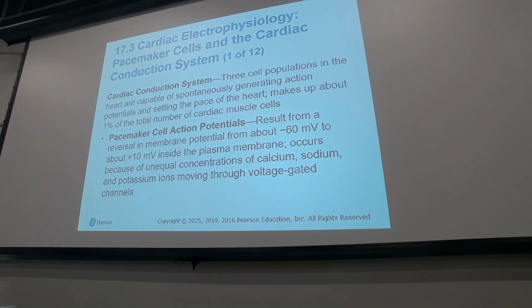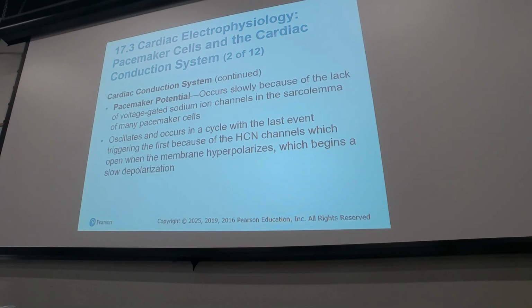This pacemaker has a resting membrane potential of minus 60 that can go and revert up to plus 10 millivolts automatically without the input of the nervous system. As long as you have concentration gradients of calcium, sodium, and potassium ions, you will have this exchange of ions across the membrane of these cells, and then you have generation of an action potential.